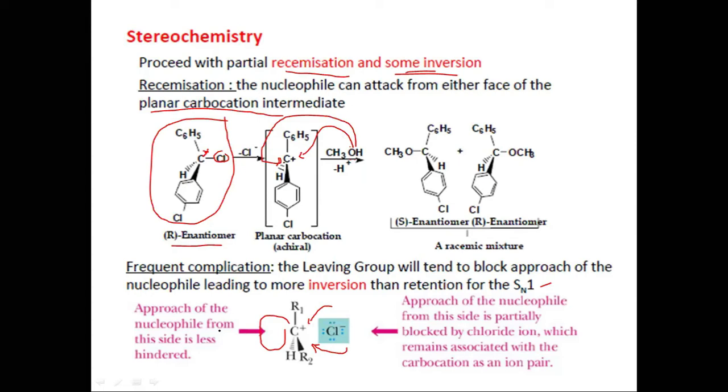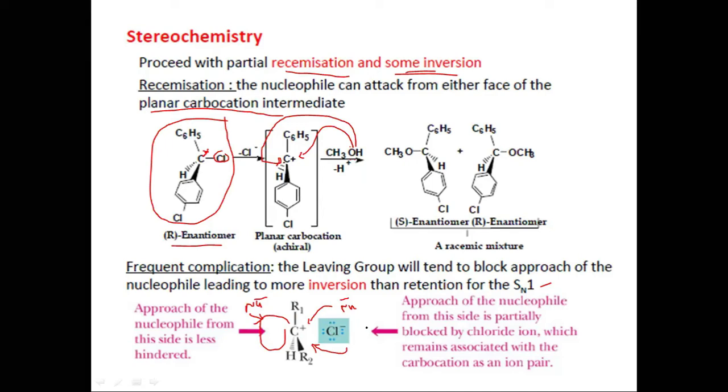The leaving group in this case is Cl minus, and the nucleophile has an easy approach from this particular face. The approach of the nucleophile from this side is less hindered, because there is no hindrance caused by any group present over here. But on the leaving group side, both are negatively charged.